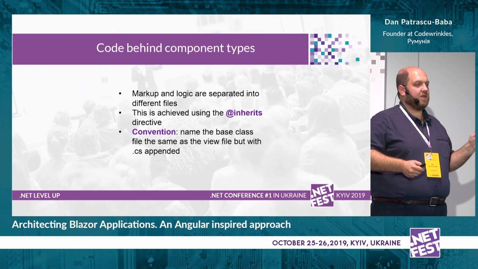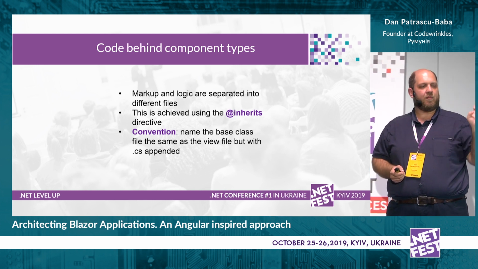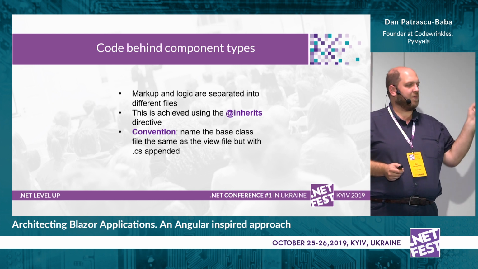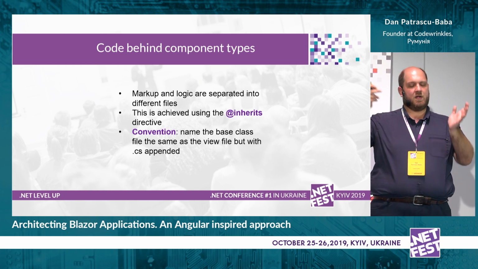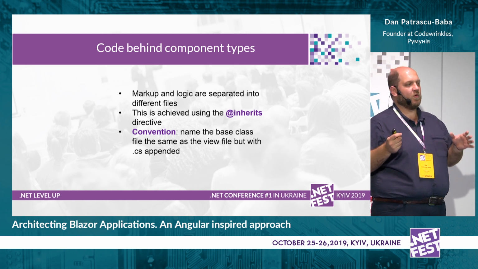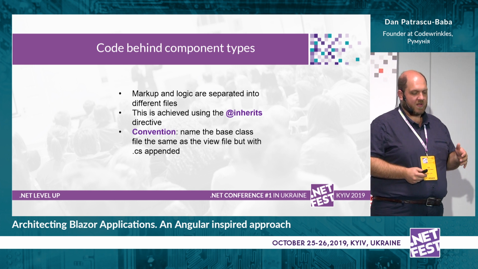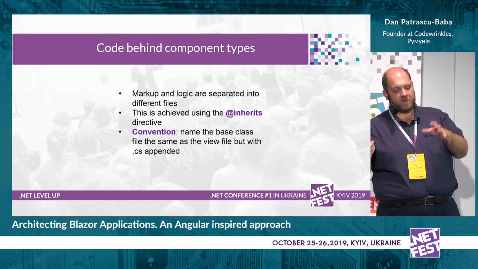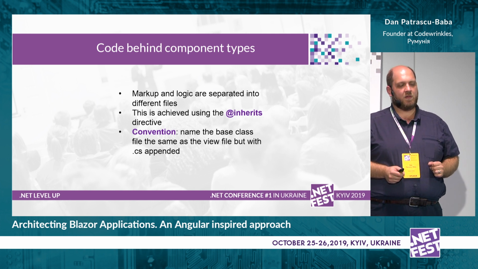On the Razor file, the markup file, you could use the inherit directive that will basically bind our markup part with the logic part. So you can then use the methods, to be 100% accurate, that you have in your logic also in the markup.